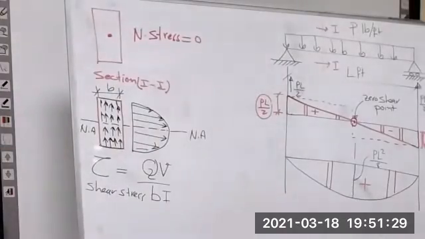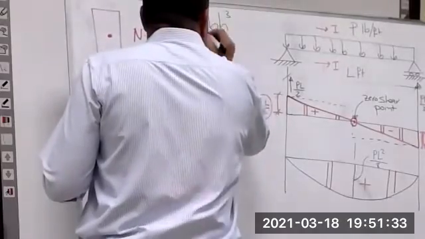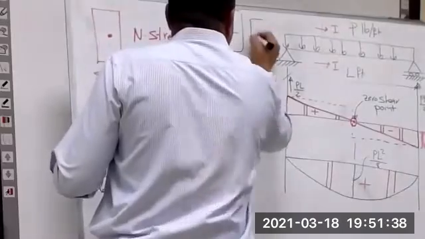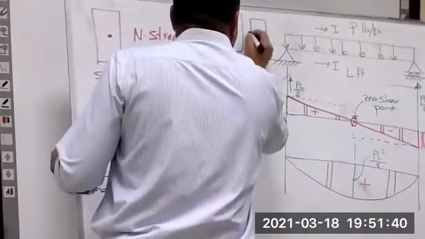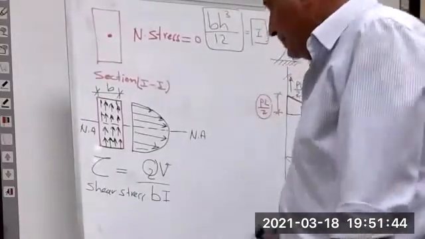The moment of inertia equals B H to the power 3 over 12 for a rectangular section.